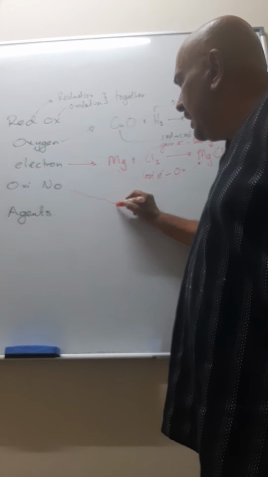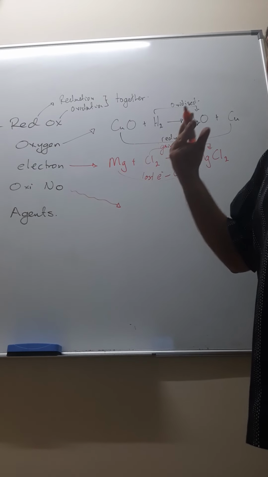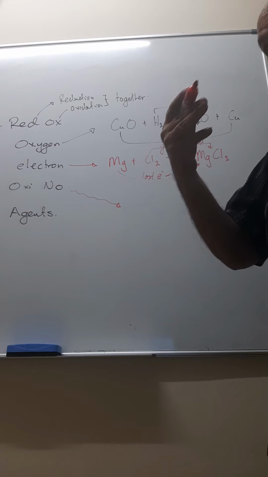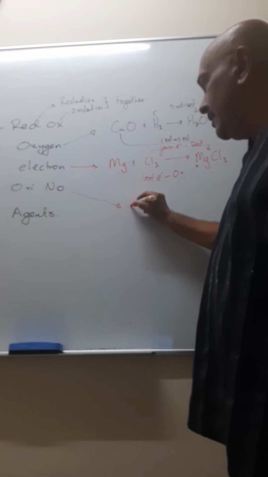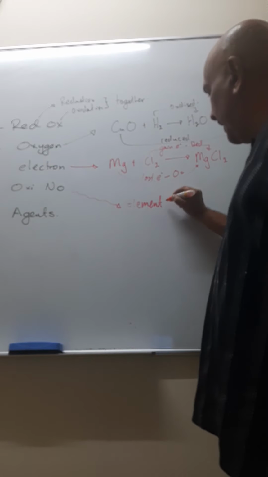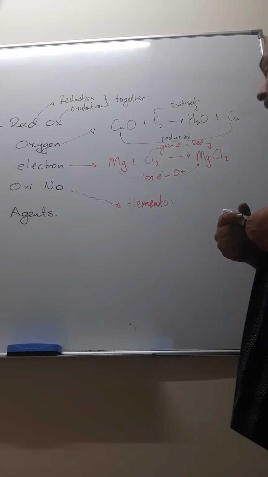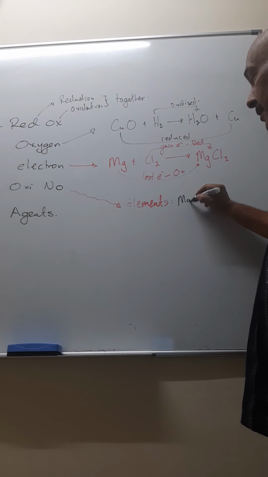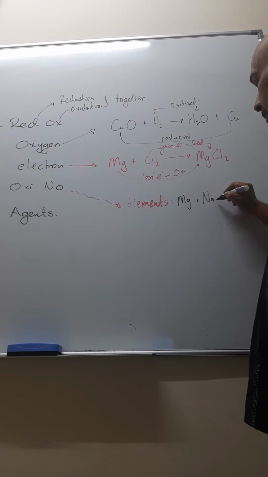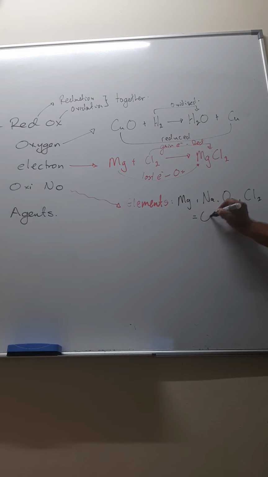Oxidation number is an imaginary number we give when elements enter compounds. If there are elements, when I say elements, I mean magnesium or sodium or oxygen or chlorine, their oxidation number is equal to 0 because they haven't reacted with anybody yet.